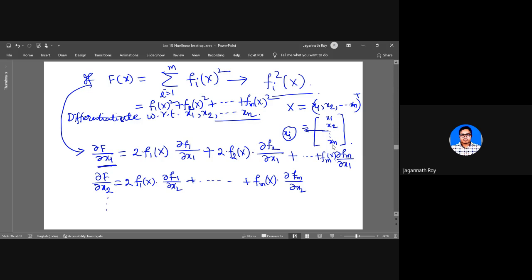So in general, we can write it of this form: summation, 2 comes outside, or let us expand all the formulas. del xn, different components are there. So 2 f1(x) into del f1 del x1.